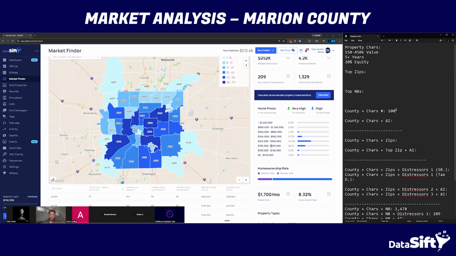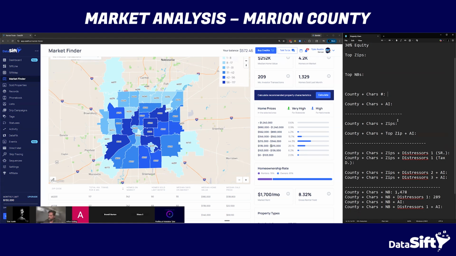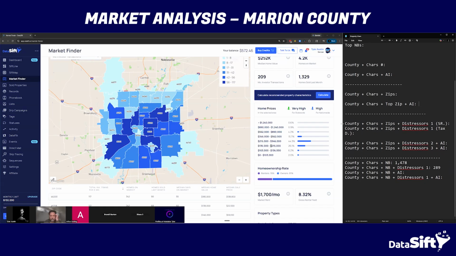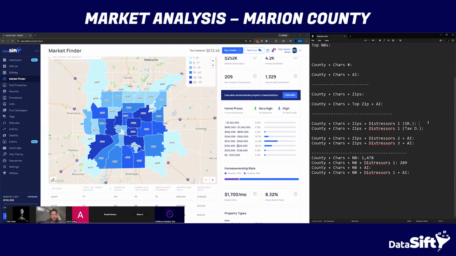And then I do county characteristics in my top zip codes, and that might be, say, 15,000 records. But if I add an AI score to zip codes, that might end up making it only 6,000 records. All I'm doing is, based on whatever plan and access I have, hierarchying to figure out how many records exist within each of these buckets.